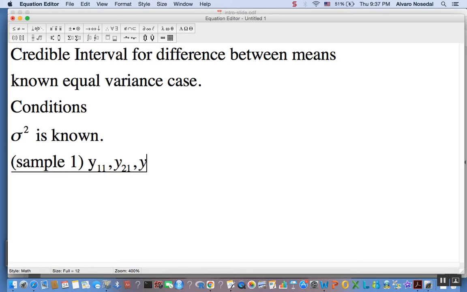I could have a third for the first sample, and so on, and we are going to have n1 coming from the first sample. Okay, makes sense? Are we good? So again, the second subscript here is referring to the sample we're talking about.